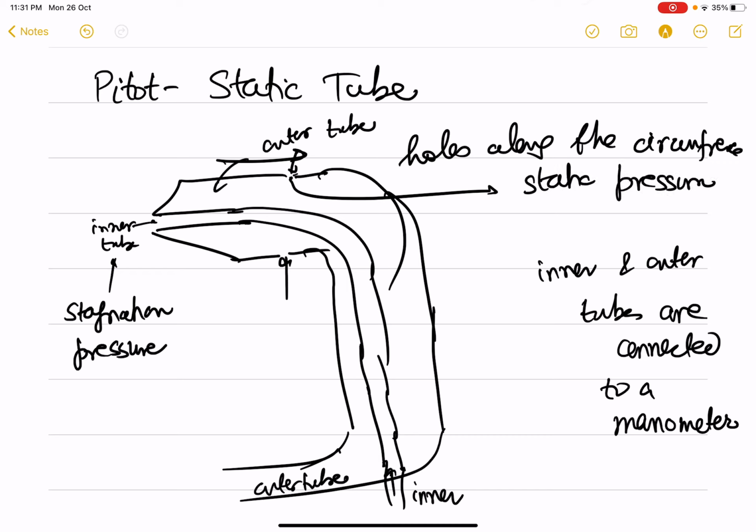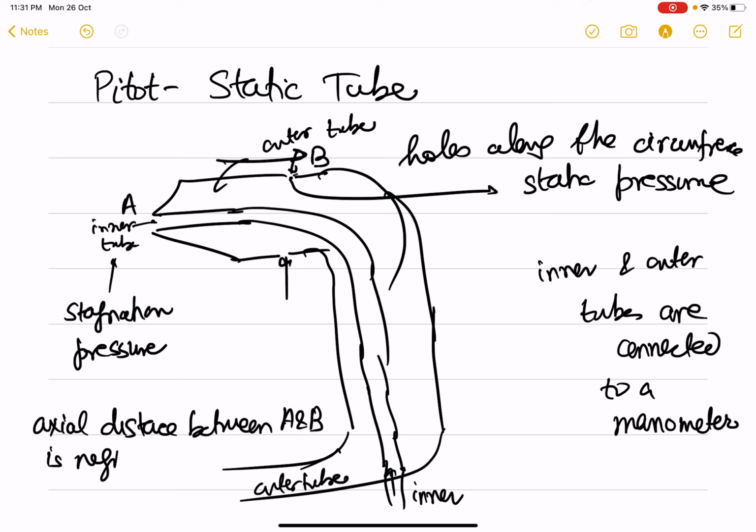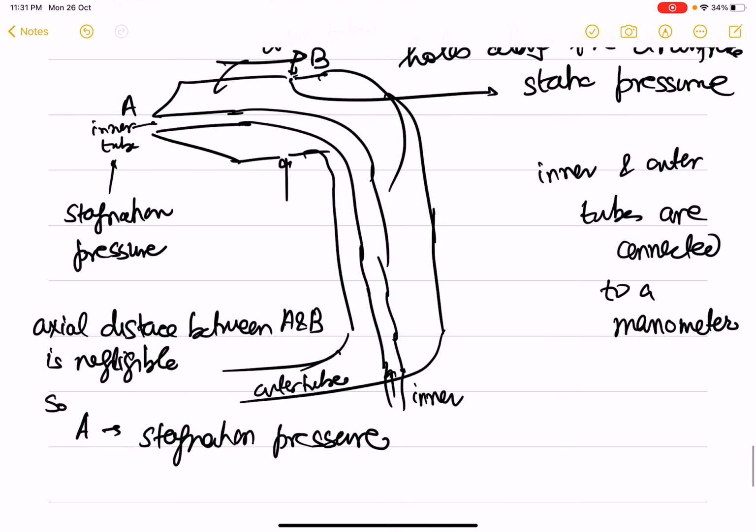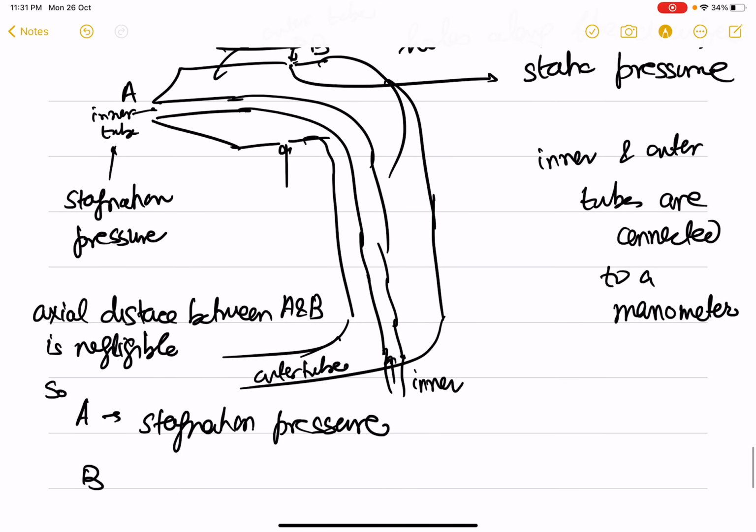And the axial distance between these two points A and B is negligible. So point A will measure the stagnation pressure at this location, and both A and B are being considered at the same location. B measures the static pressure at this location.